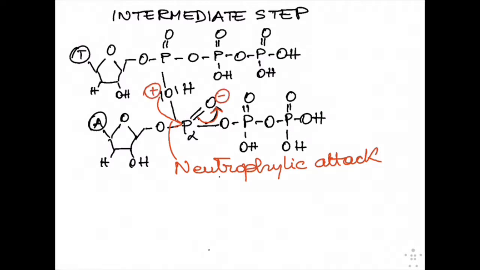This one becomes negatively charged. At this point, if you look at the alpha phosphorus atom, it has 1, 2, 3, 4, 5, and it would have 6, but it has only 5 bonds because this one disappeared as the electron moved up to the oxygen. So it has 5 simple bonds.